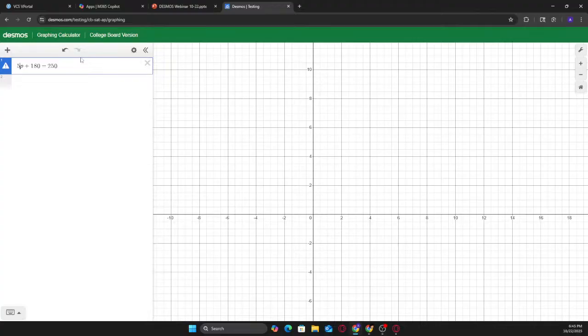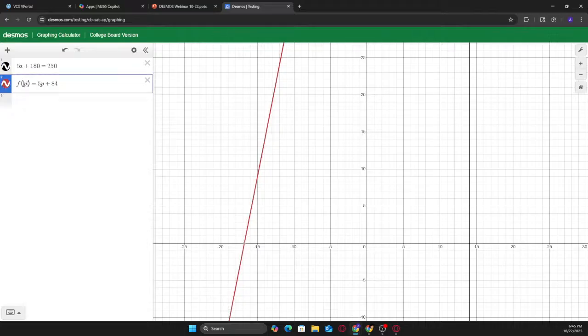So we're going to put it as x. Change p to x, because Desmos can only understand x and y, where x is the input and y is the output, and it doesn't understand p unless you type in something like f(p) equals 5p plus 84.